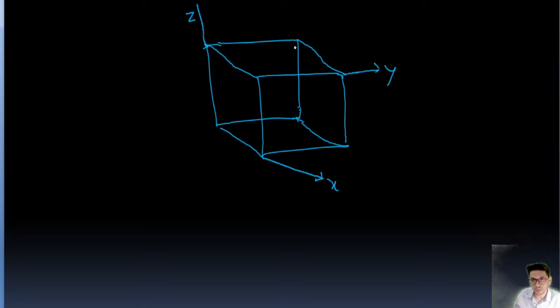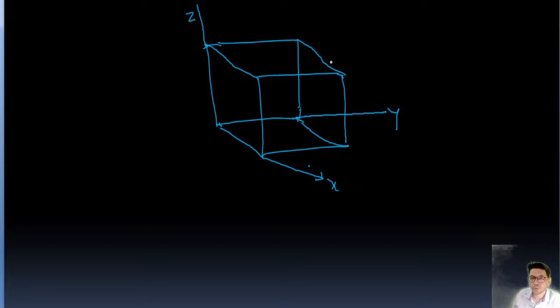So here we'll make a plane. My apologies. So this is the y-axis. Okay, so this is x-axis, this is y-axis, this is z-axis.